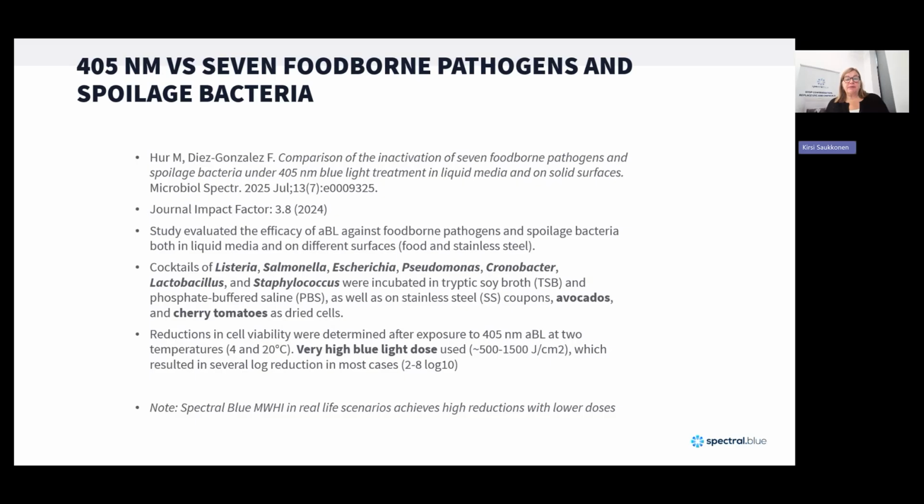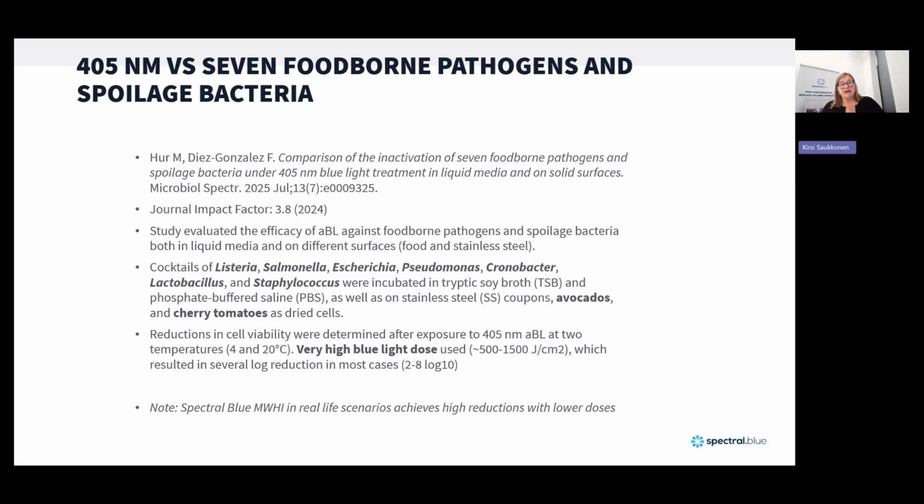And the Spectral Blue uses a very much lower light dose, but usually, as we have studied our devices, they do a very good job. This mostly depends on the fact that this is an artificial bacterial cocktail, and the starting CFU per milliliter is very high.